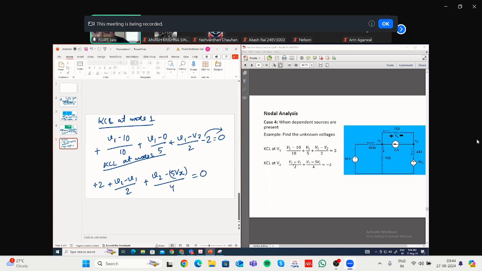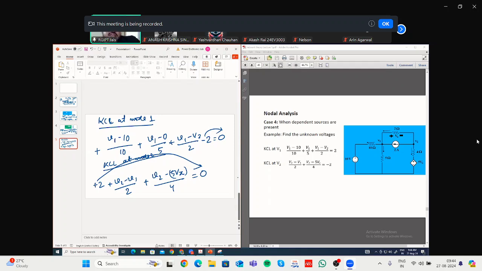Again, same as this equation: V2 minus V1 divided by 2 plus V2 minus 5Vx divided by 4, and this plus 2 you are bringing on this side, so it will be minus 2. Same equation.